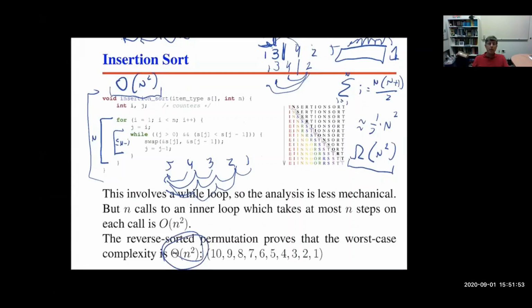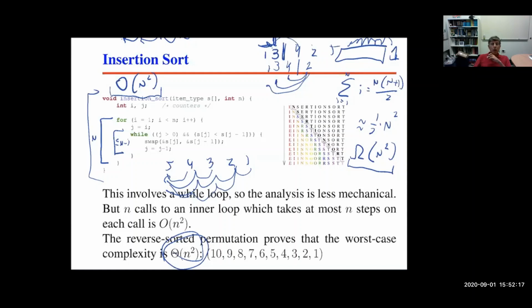Any questions about that? Do people see how I analyze these algorithms, given the code printed on paper? This is an important skill. You should be able to take a look at a piece of code and come up with an upper bound for it pretty simply in most cases.